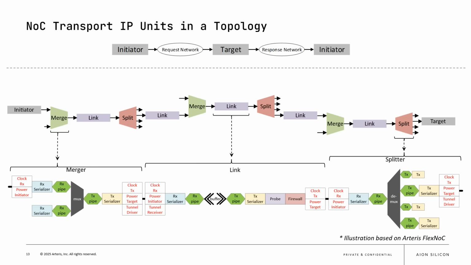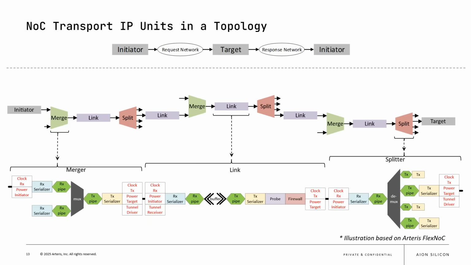So as a transaction traverses the path from initiator to target, it will go through stages of traffic merging, go through links, and then go through stages of traffic splitting. But this is not necessarily a one-to-one combination.